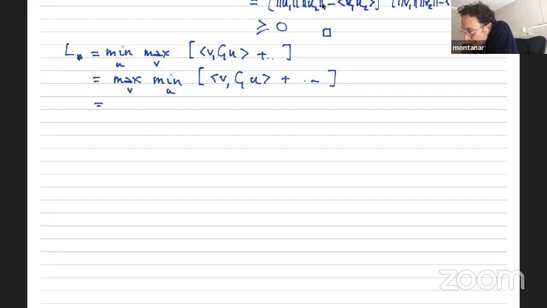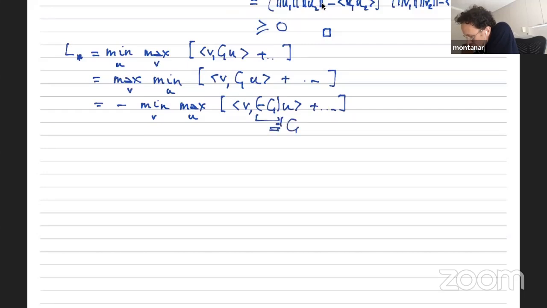Okay, and this is of course minus the min over V, the max over U of V times minus G U plus blah, blah, blah. And now this minus G matrix is really distributed as the G matrix, okay? And therefore I can get a bound on the other side by the same argument as before. Okay, so this describes a general corollary.